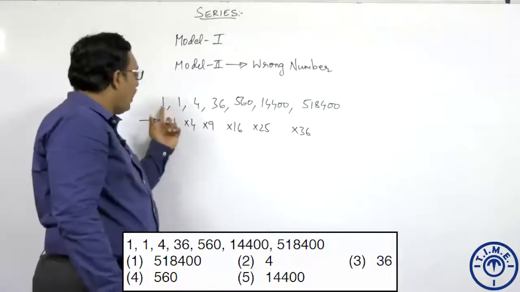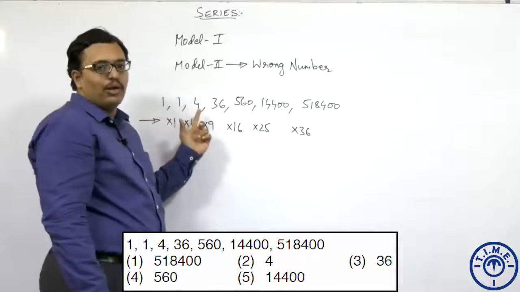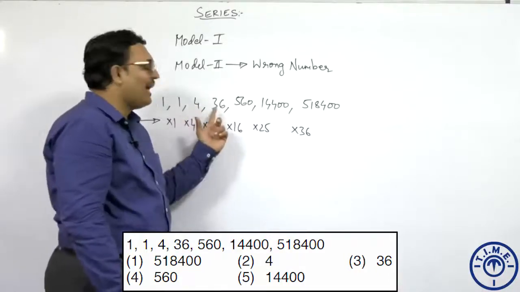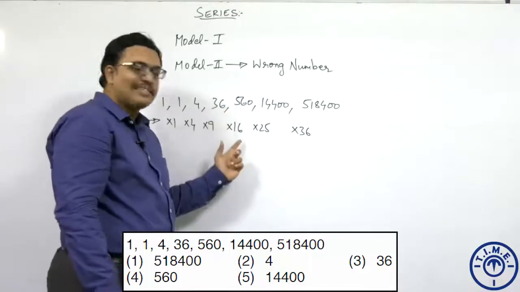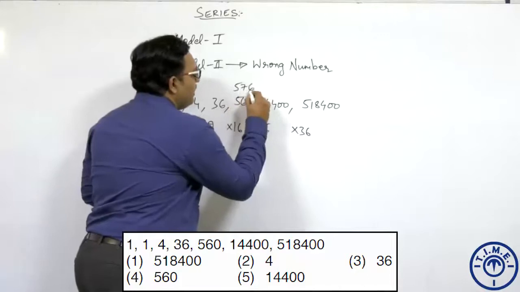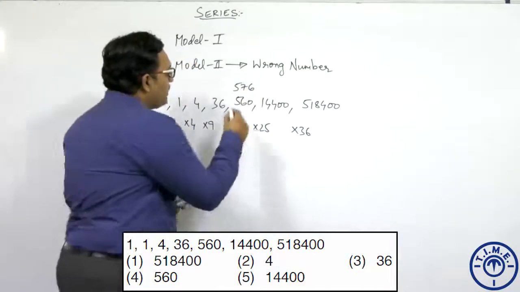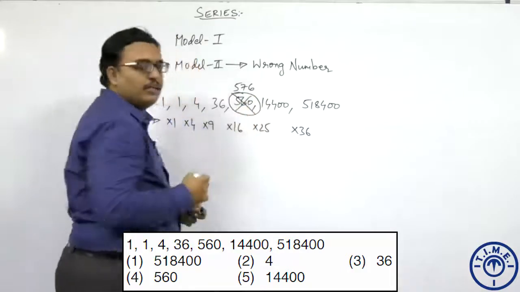Now see, 1 into 1, I get 1, it's a right number. Then 1 into 4, I get 4, again a right number. Then 4 into 9, I get 36, also a right number. But next, 36 into 16, you are going to get 576. But what is the number that is given here? 560, which is wrongly given in the series.